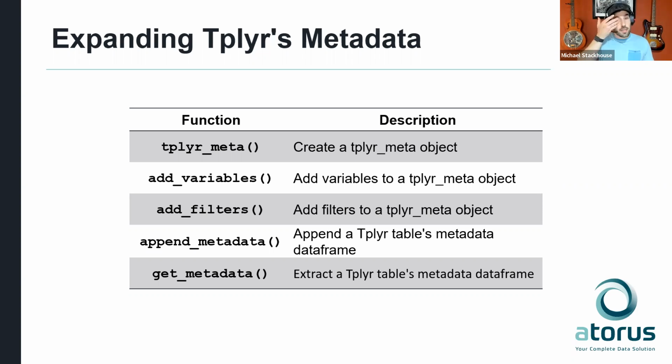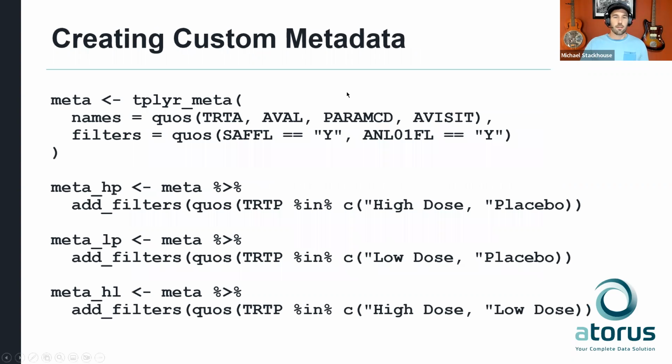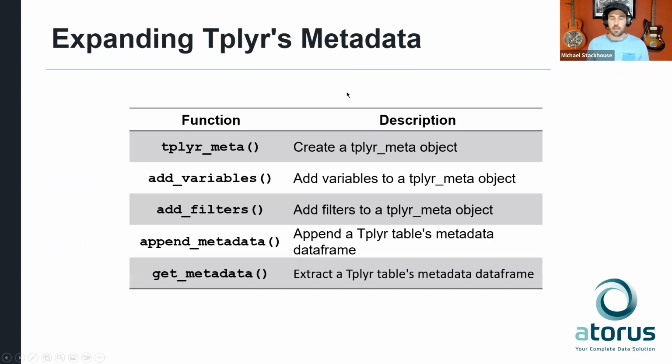So all of these methods have been externalized as well, meaning that you're able to create your own metadata objects. You're able to create and modify them and interact with the metadata itself as needed. To create a metadata object yourself, we have the function tplyr_meta, which allows you to create and instantiate a metadata object.